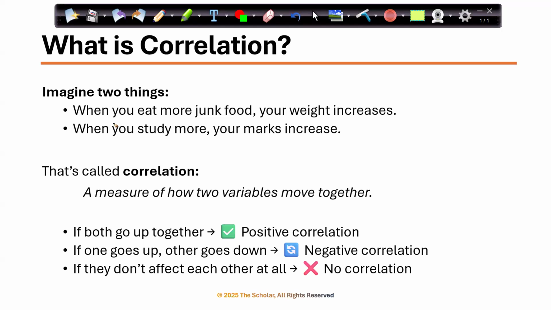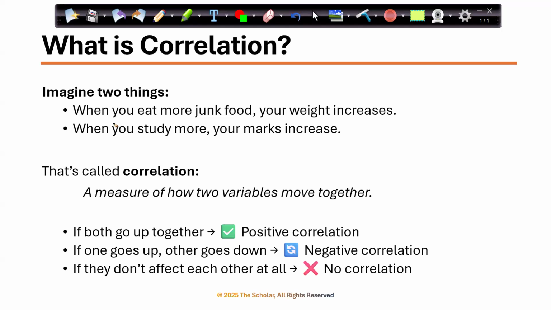If one goes up and the other goes down, that is a negative correlation. For example, when the distance from the city is increasing, the house price is decreasing. It's a negative relationship. And when there is no effect on each other, that is known as no correlation between two features.